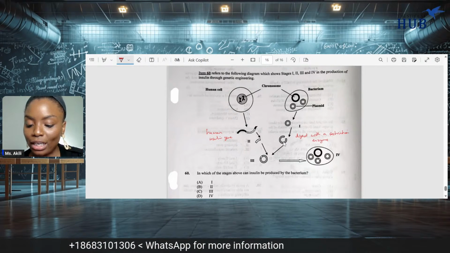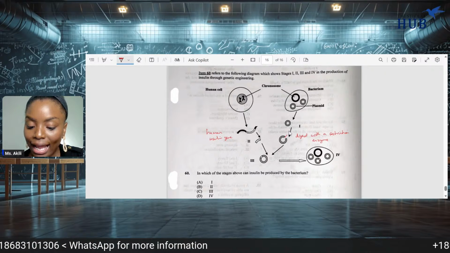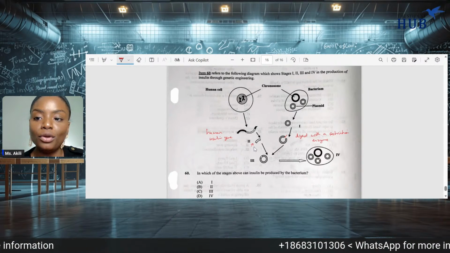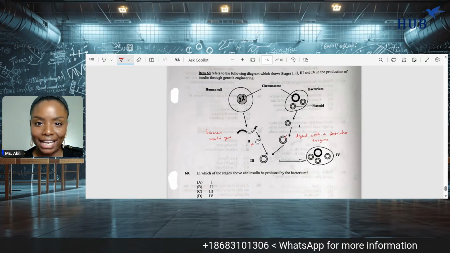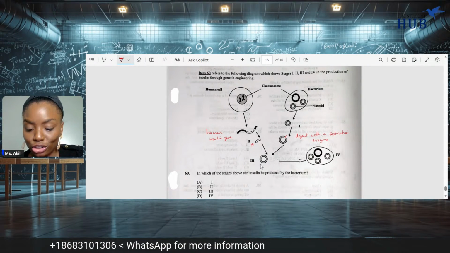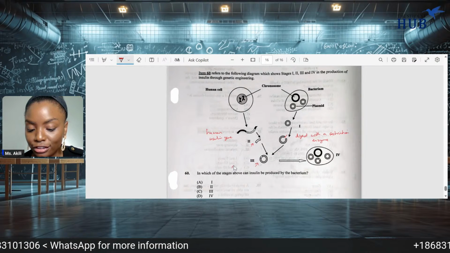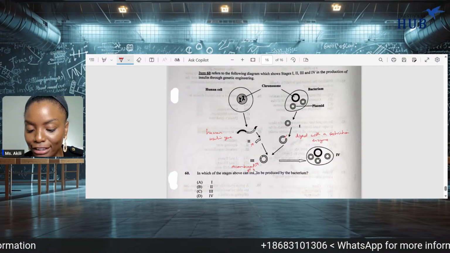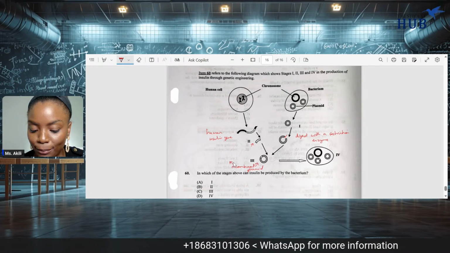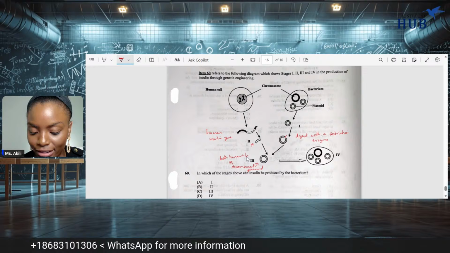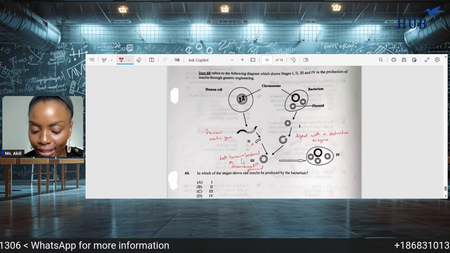So we cut the plasmid and we cut out the gene of interest using the same restriction enzyme, which causes the ends to match. Then we use another enzyme called ligase to join the two together to form what we call a recombinant plasmid. It's recombinant because it has both human and bacterial DNA.